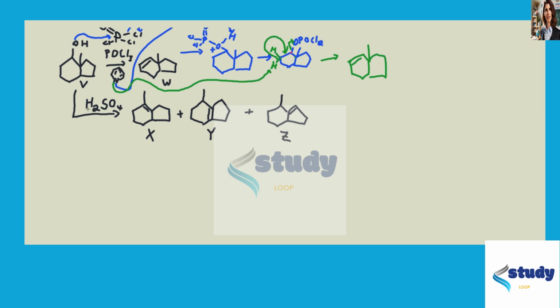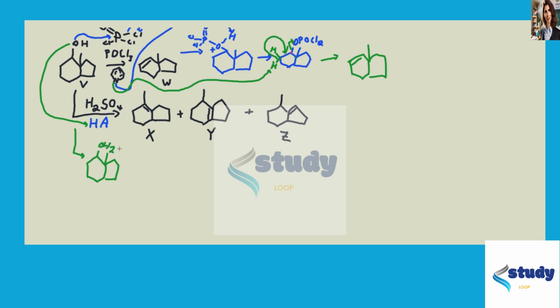However, if you were to use a strong acid, such as sulfuric acid, I'll just call this HA for simplicity's sake. We see that first, just like before, our nucleophile, being this alcohol, will be protonated by our acid, giving us protonated water. And remember, oxygen does not like to have a positive charge.